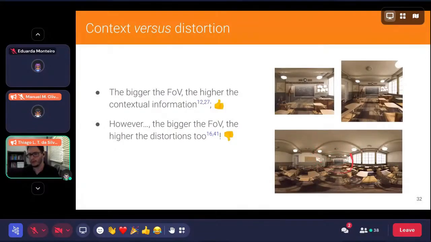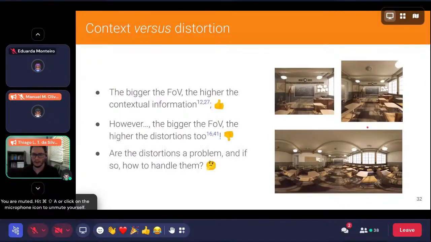We are talking about the rectangular projection here, but we could use some of those other mappings that we mentioned before. The question is, are those distortions a problem? And if they are a problem, how can we handle those distortions?